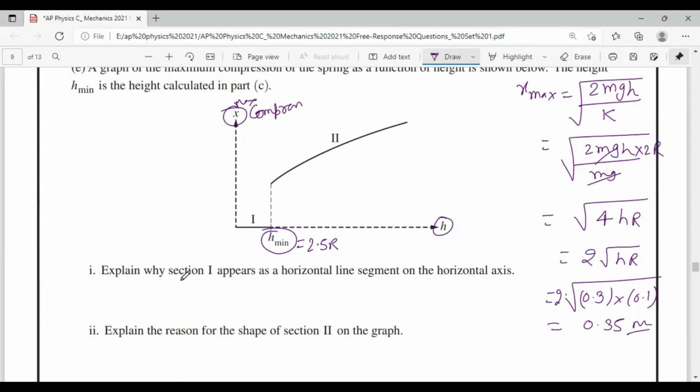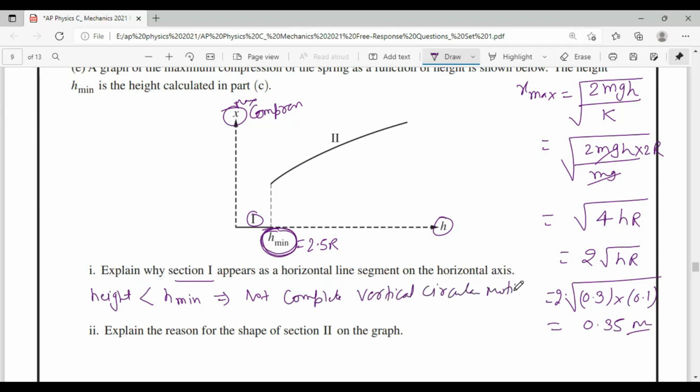Explain why section 1 appears as a horizontal line on the horizontal axis. See friends, we have calculated that if the height is less than h minimum, it will not complete the vertical circular motion.